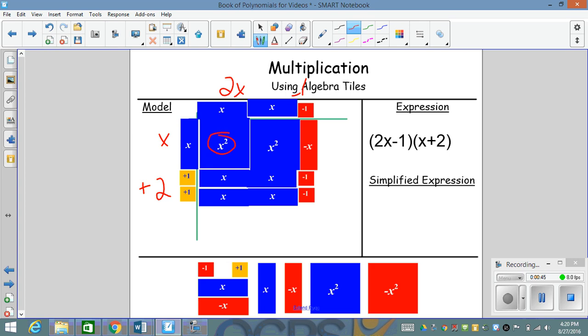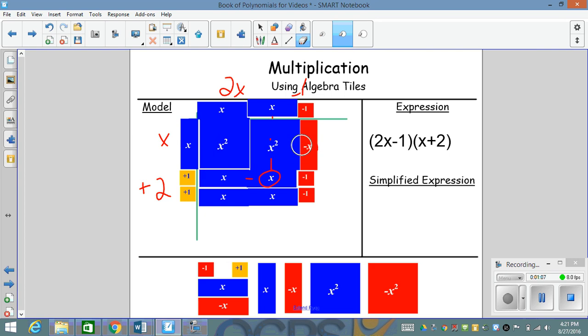So to get this, I multiplied x times x is x squared. Here, I did x times x is x squared. Here, I did x times negative 1 is negative x. And then here, x times 1, x times 1, and so on. Okay, so that's how I got the inside.